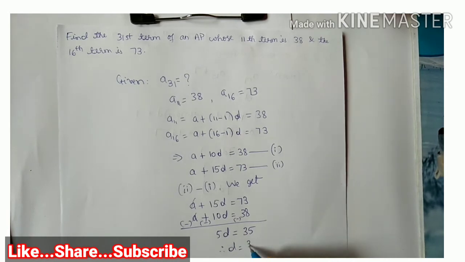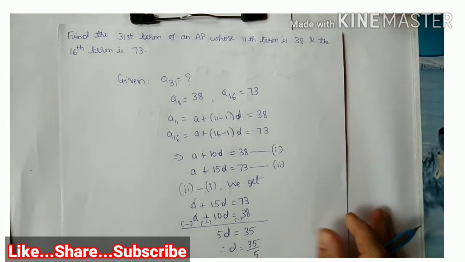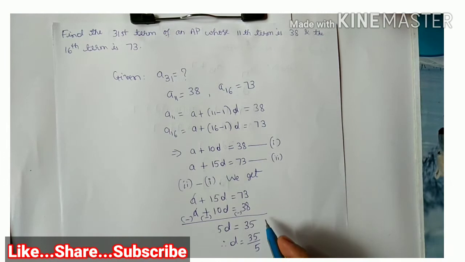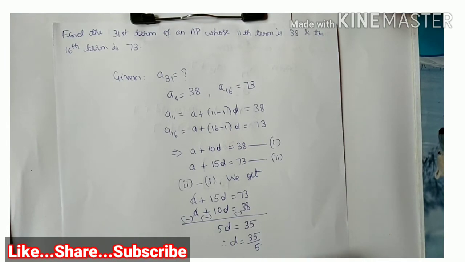Therefore d is 35 by 5, which is equal to 7. d is 7.